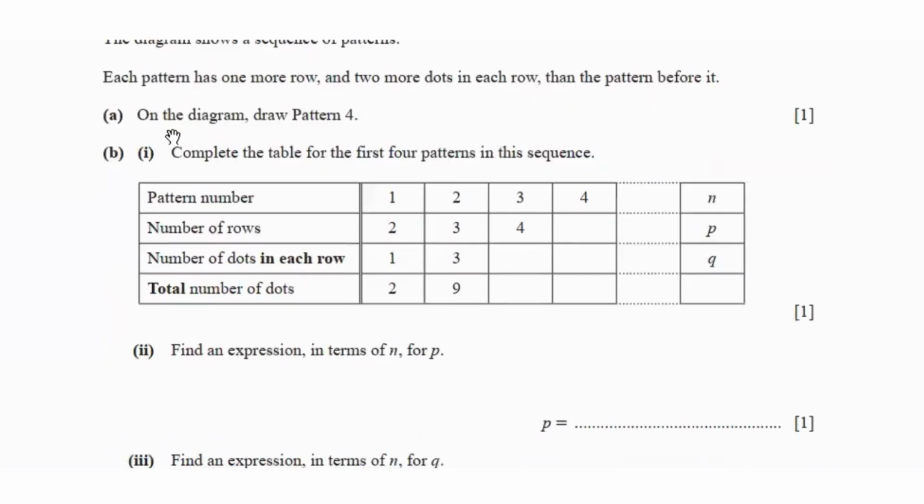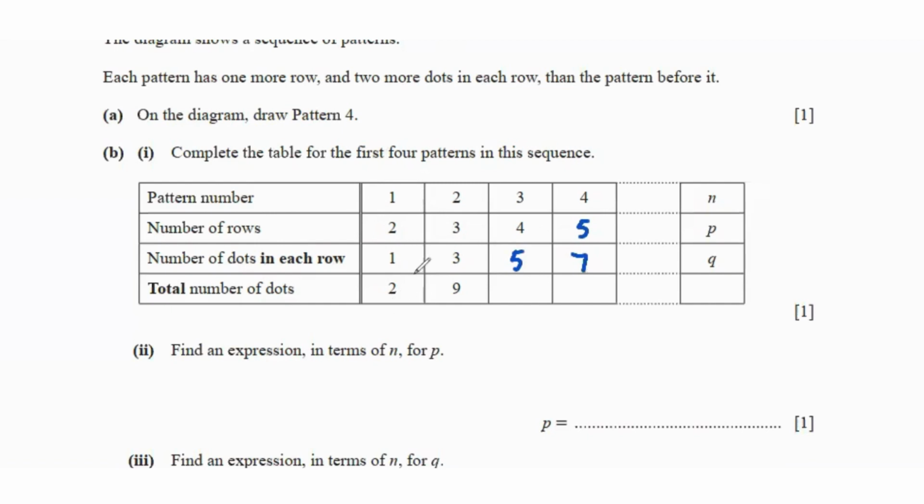Then it says complete the table for the first 4 patterns in the sequence. As you can see, we're adding 1 row each time, so it's going to be 5 over here. Number of dots in each row, we're adding 2 more dots, so it's going to be 5 and 7. And then total number of dots is the product of number of rows and number of dots in each row.